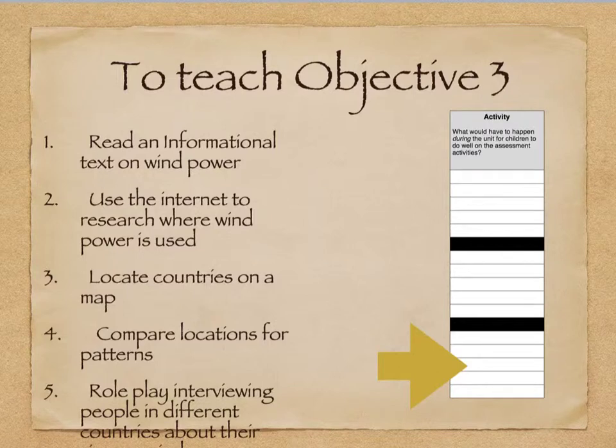The second thing I might do is have the students use the internet to research where wind power is used. Number 3, I would have them locate countries on a map. Number 4, I would compare locations for patterns. And number 5, I would maybe have them do a role play of interviewing people in different countries about the use of wind power in their particular countries.